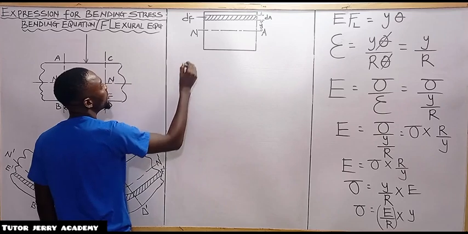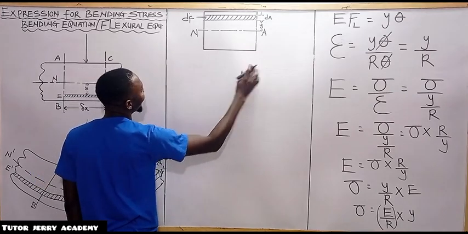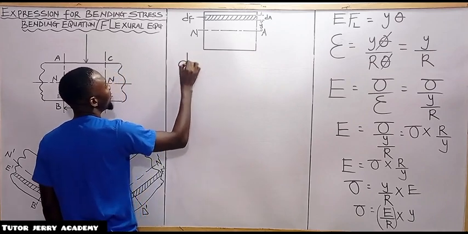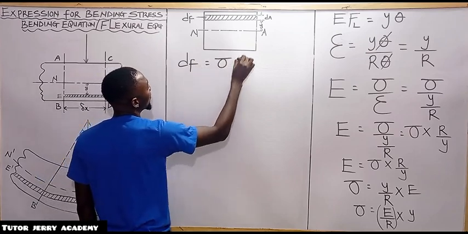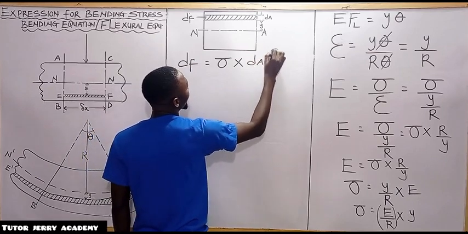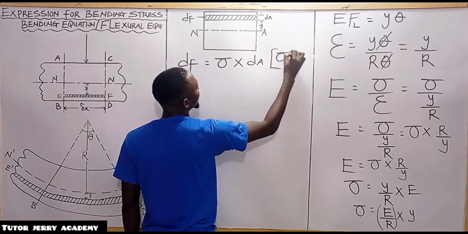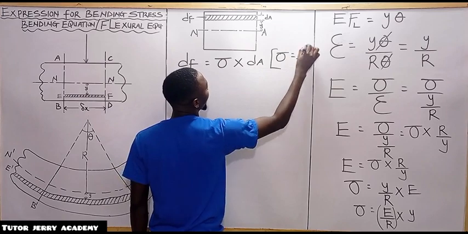So instead of having force equal to stress multiplied by area, we are going to have dF equal to stress multiplied by dA. This formula is gotten from stress equals force over area.